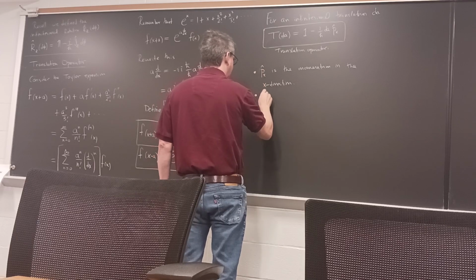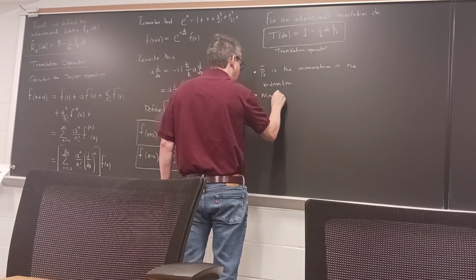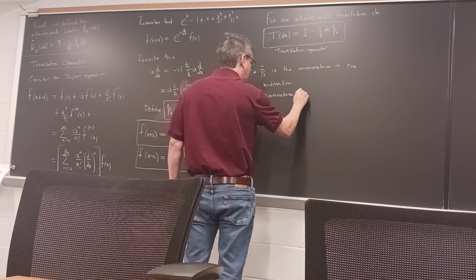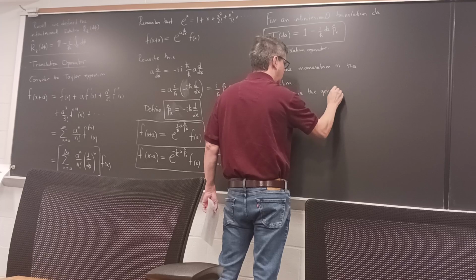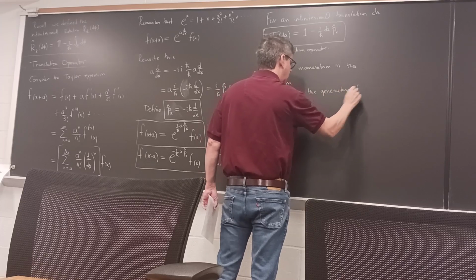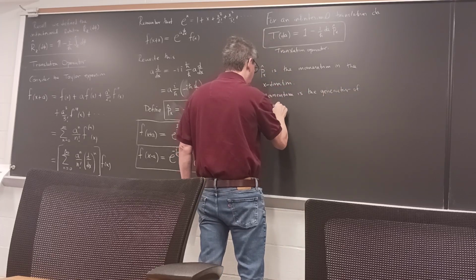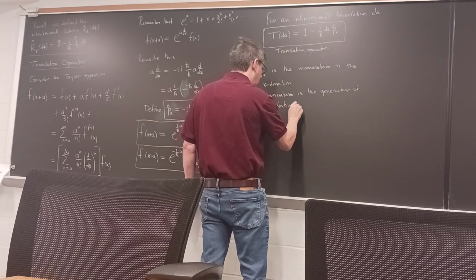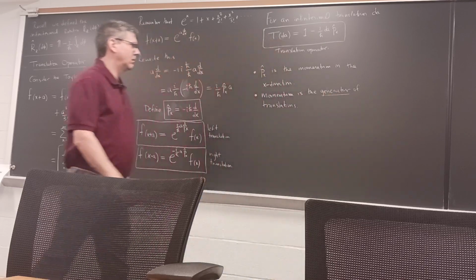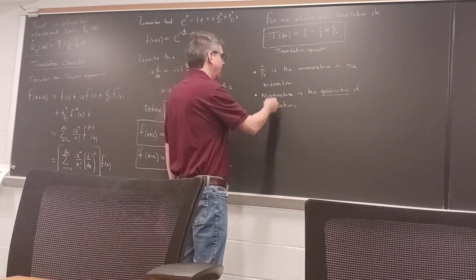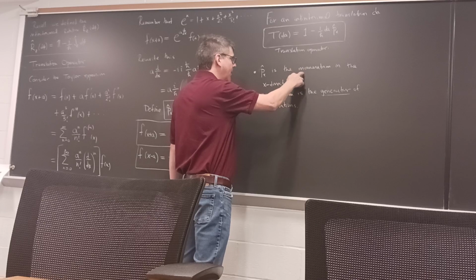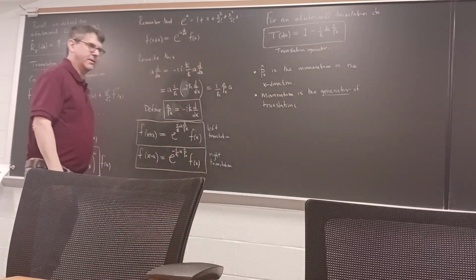And what we see here is that momentum is the generator of translations. Okay. So we saw that angular momentum was the generator of rotation, and now we see that momentum, linear momentum, is the generator of translations.